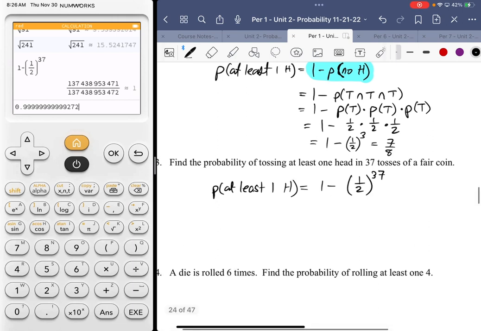So I'm going to say one of two things. Either I'm going to write that disgusting fraction or I'm going to write that disgusting decimal. All right? I'll do both.